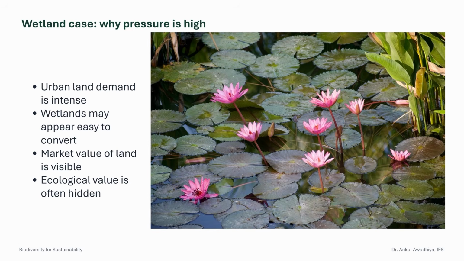Wetlands face intense pressure because urban land demand is high and their ecological value is less visible than their potential market value. A parcel of land can be priced very easily, but flood buffering and habitat support are much harder to express in monetary terms in advance.